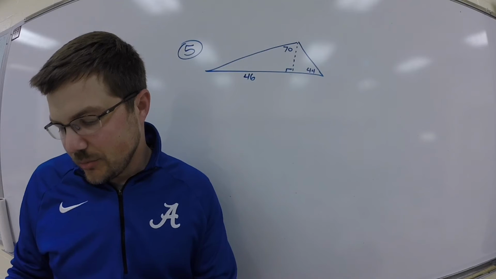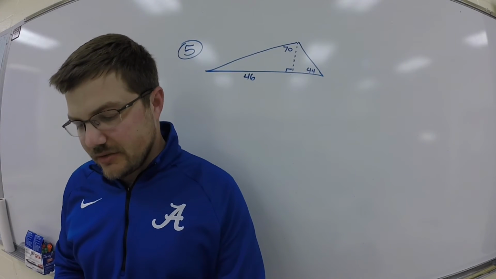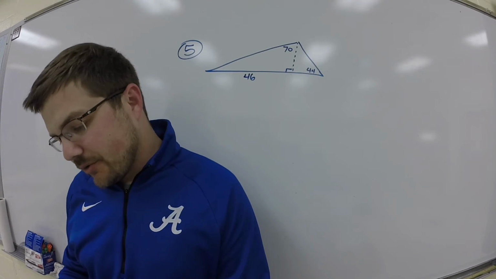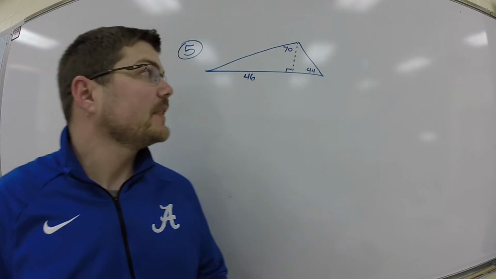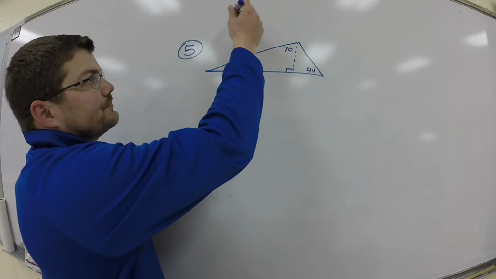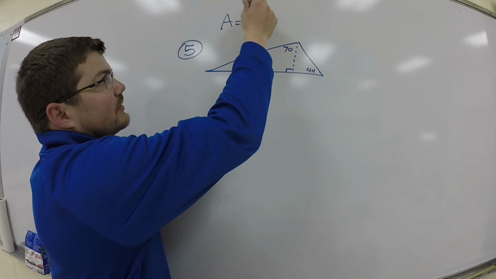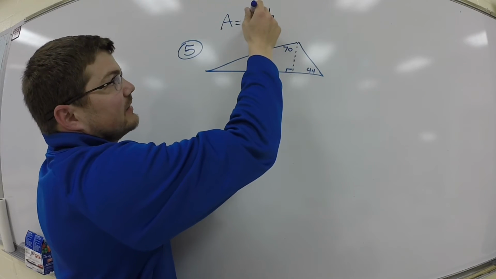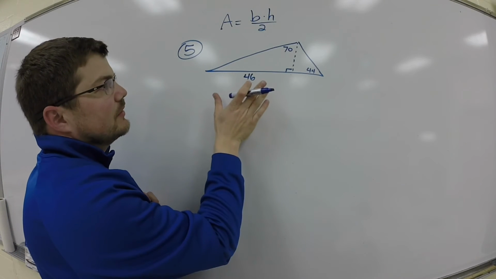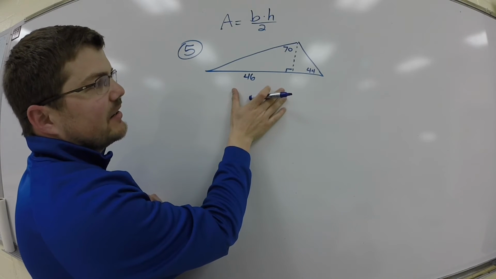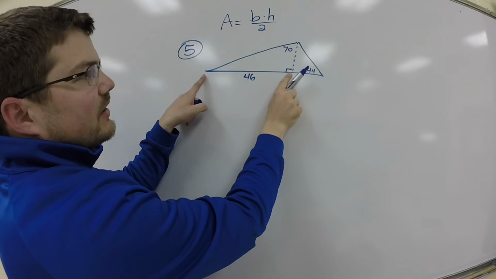Okay, now let's look at number 5. If you'll notice on the directions for number 5 through 12, it wants you to find the area of each of these triangles. So remember, area is base times height divided by 2. Well, on this problem here on number 5, we're given from here to here is 46.